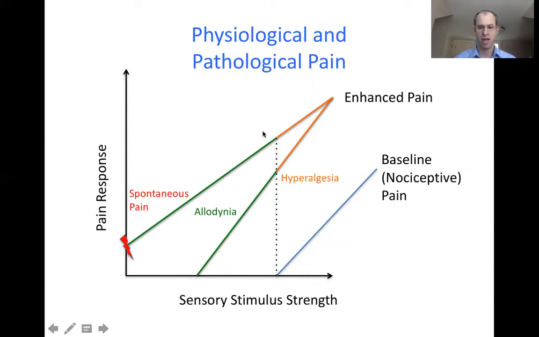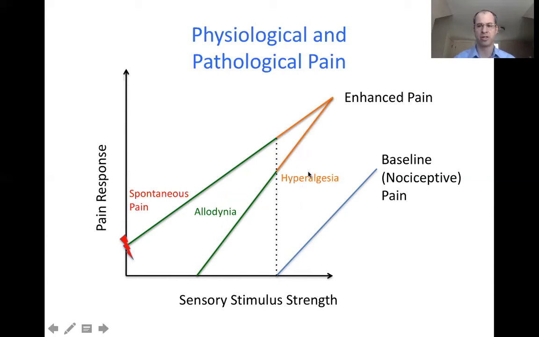At baseline, there needs to be some magnitude of the noxious stimulus in order to elicit a painful response. And as the magnitude of that stimulus increases further, there's an increase in the size of the pain response.